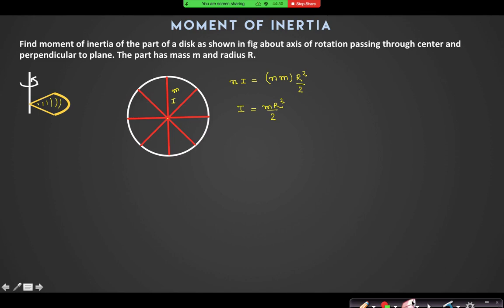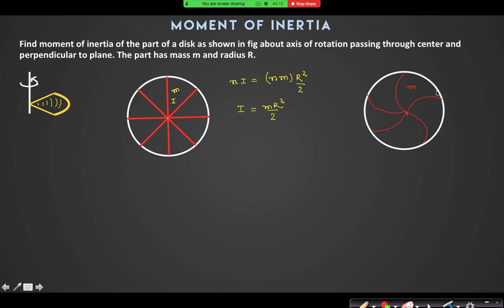Now if I say that I will cut that disk not with straight lines, but rather by this type of lines, such that the mass of each segment is m.